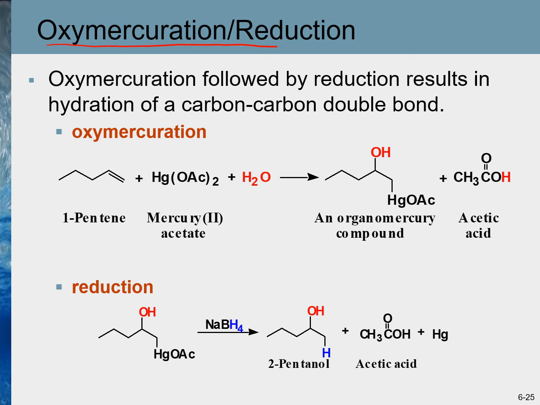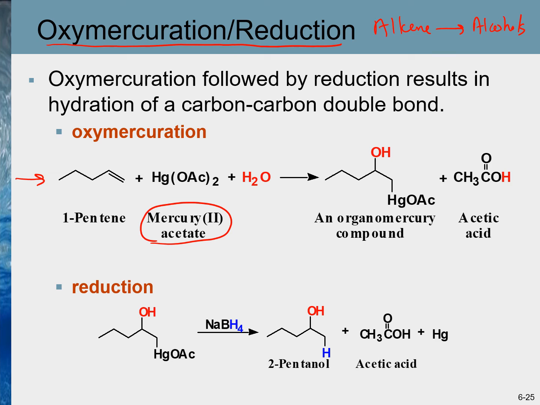Oxymercuration reduction reaction is another method to convert alkenes into alcohols. So we can say that this is another kind of hydration reaction. So this hydration of an alkene can be accomplished by treating it with mercury 2 acetate and water as shown by this reaction.